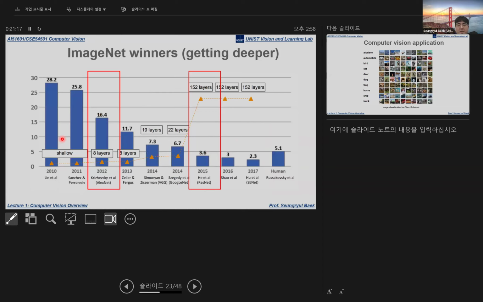You have to remember these two events. In 2012 and 2015, there were two sensational events in the AI domain, earlier than the Go match in 2016.